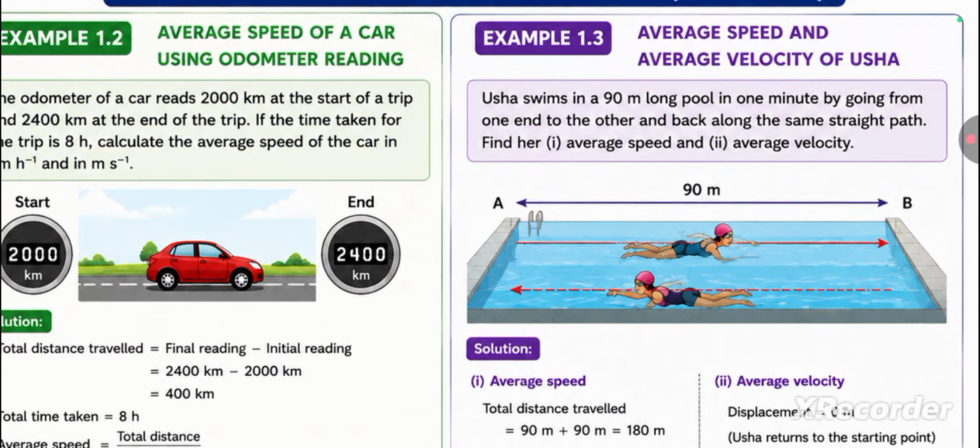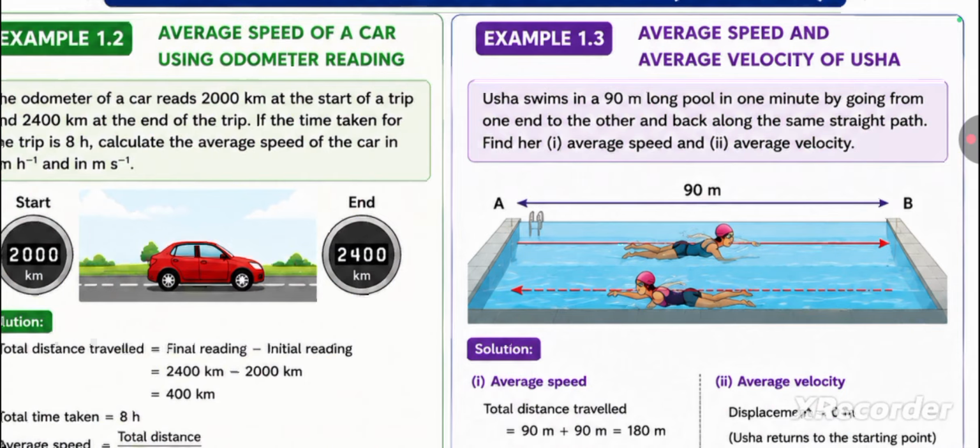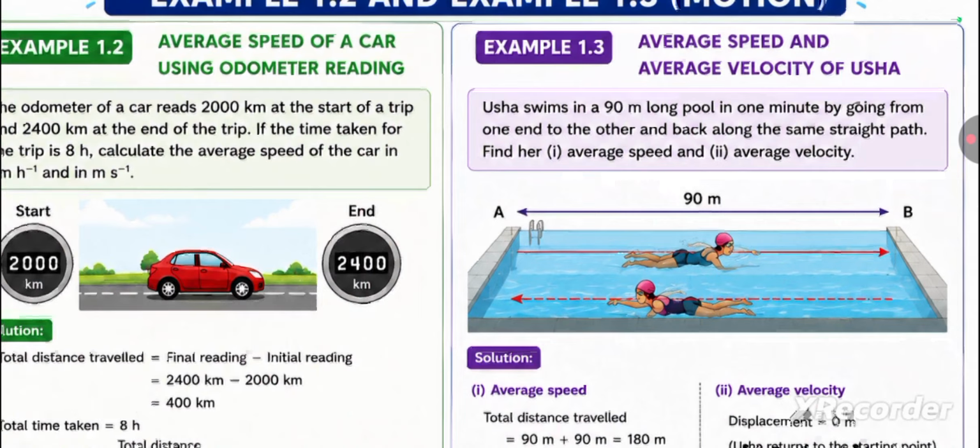Now we have to read the problem first. Usha swims in a 90-meter long pool in 1 minute by going from one end to the other and back along the same straight path. Find her average speed and average velocity.